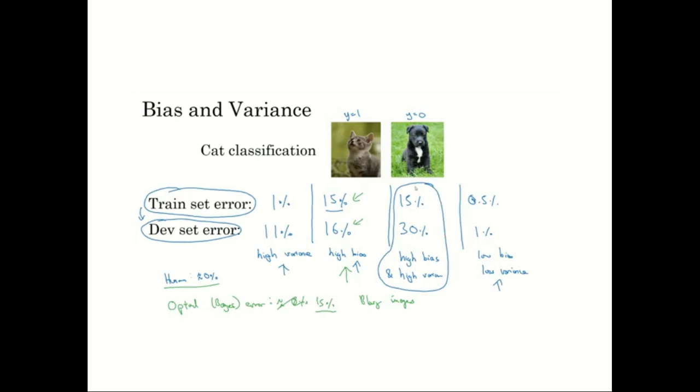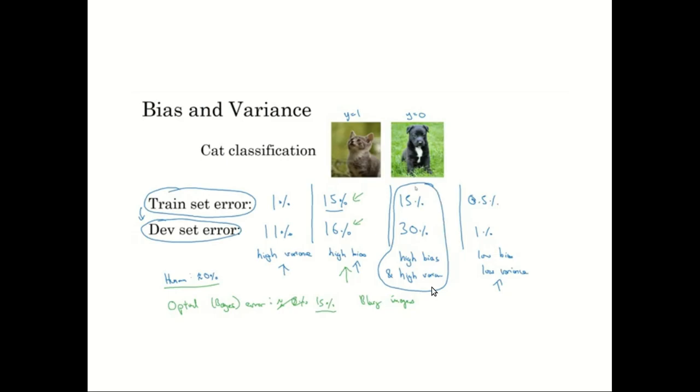Let's take an example of cat and dog. If your model predicts cat, let's say y is equal to 1, and if it's a dog, y is equal to 0. If the training set error is very low but the dev set error is high, you say your model is suffering from high variance. If both errors are high and very close to each other, you say your model is suffering from high bias, with more of a linear hypothesis.